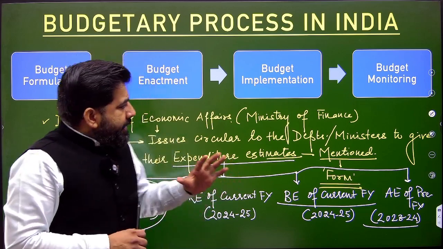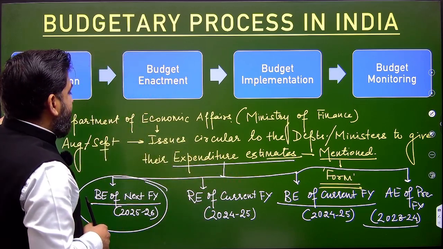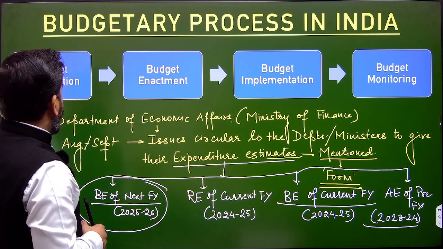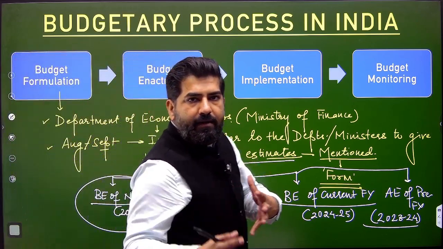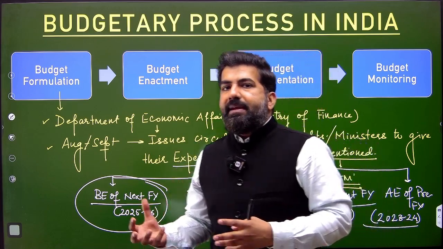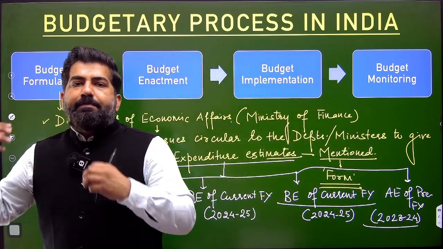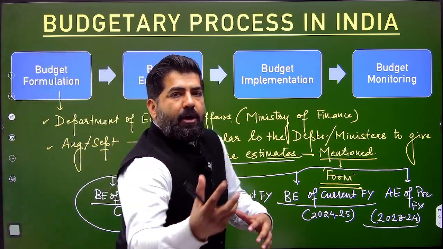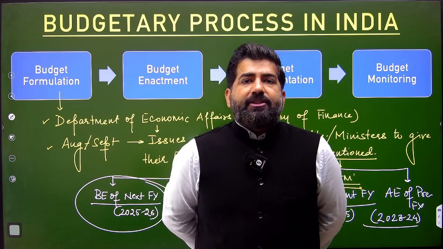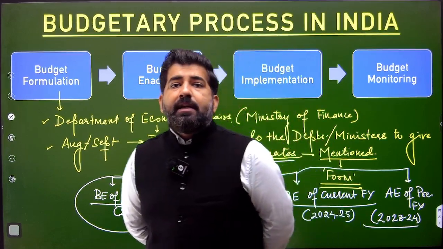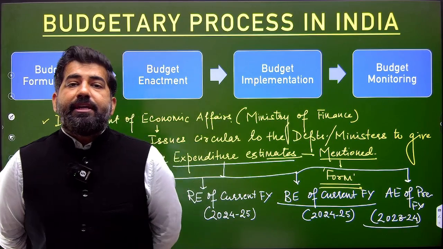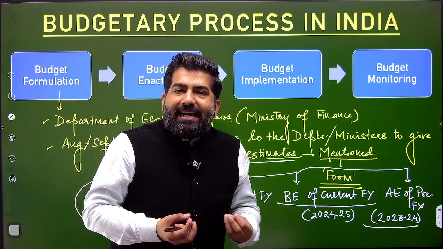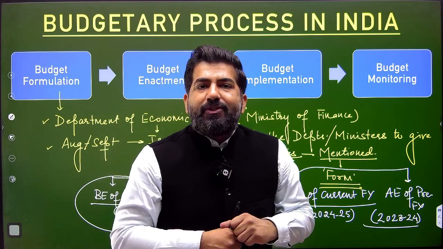Clear? Now, try to understand, once these departments or ministries have submitted their expenditure estimates, third, the Department of Economic Affairs also asks the revenue-earning ministries to give an idea of how much revenue they are going to earn.